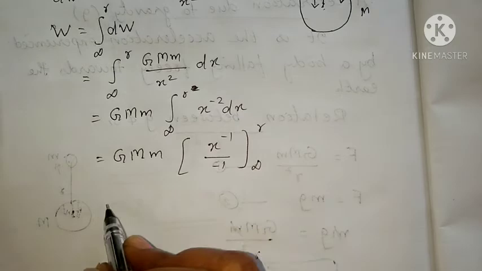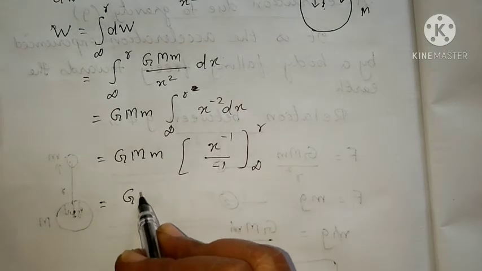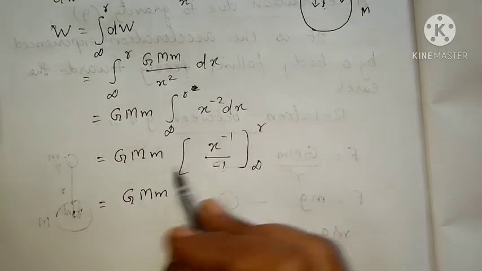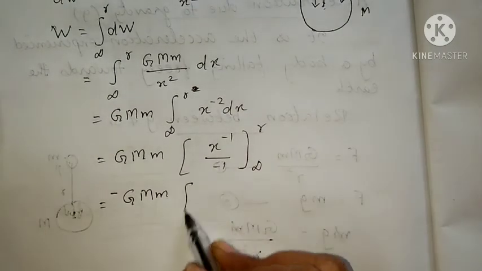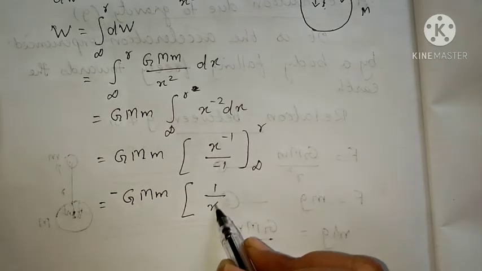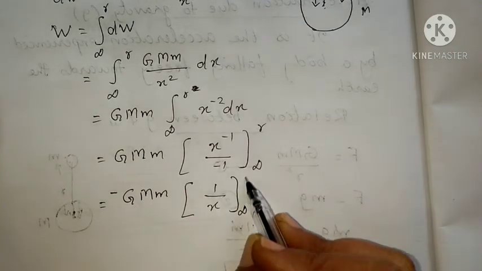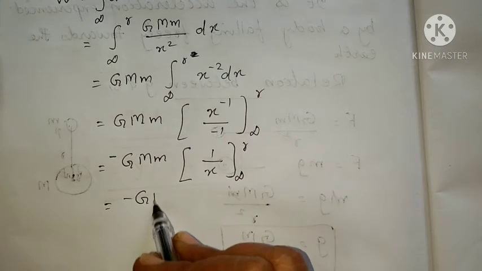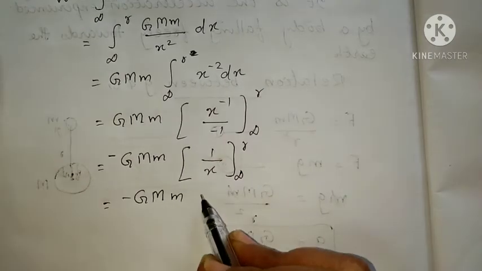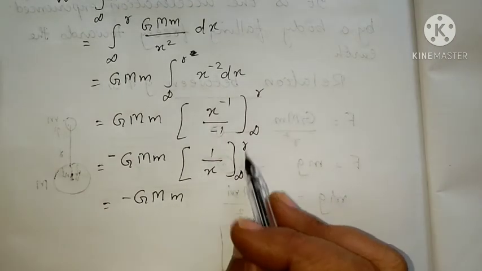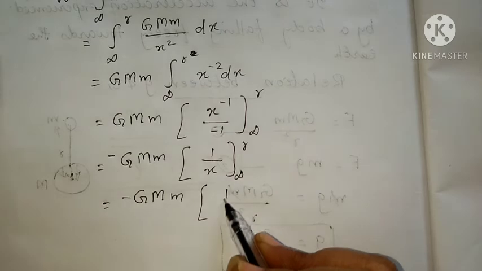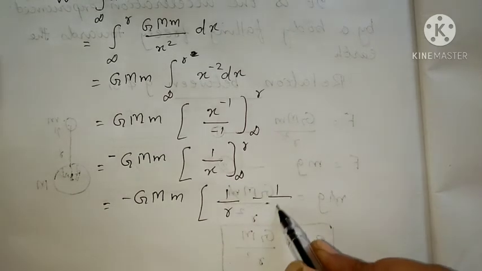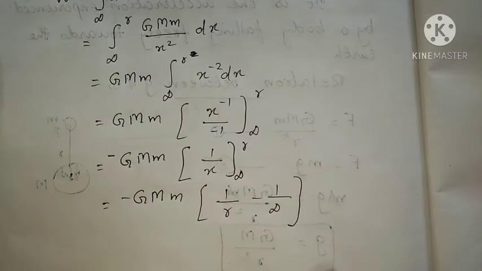So, that is equal to GMm, then this minus comes out, and within the bracket 1 by x, from infinity to r, that is equal to minus G capital M small m, then applying the limits, 1 by r minus 1 by infinity, and 1 by infinity is 0.